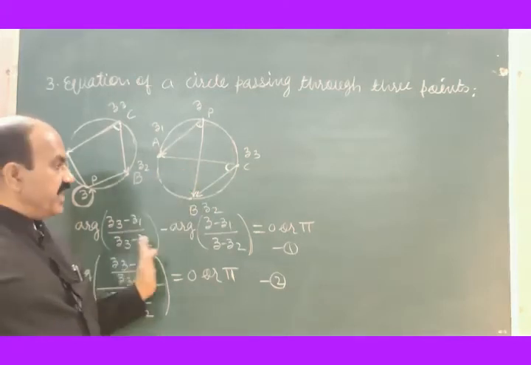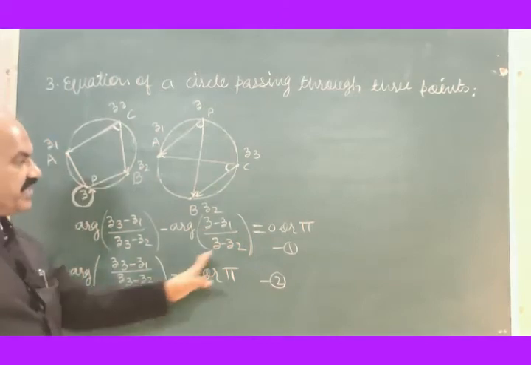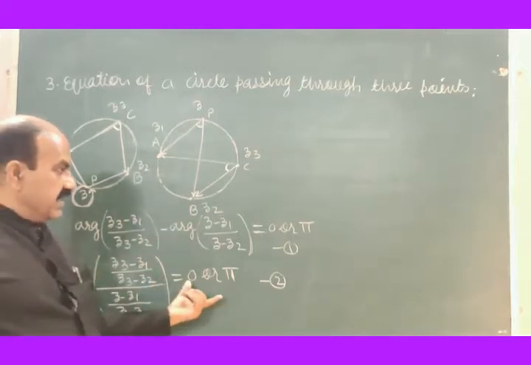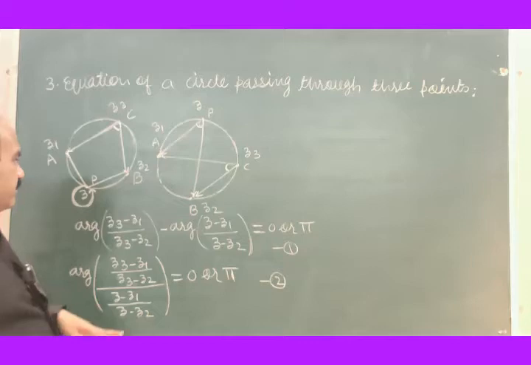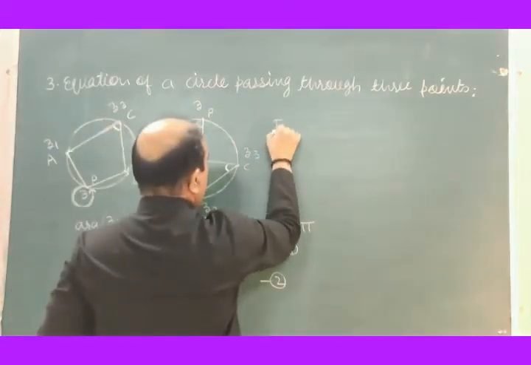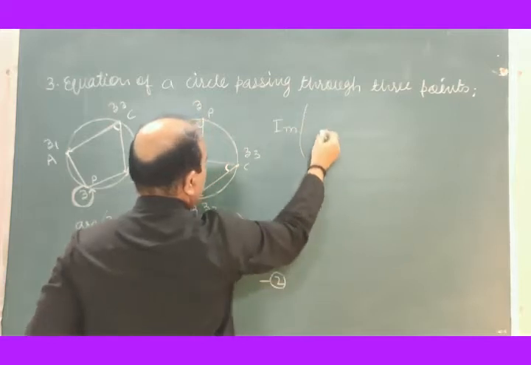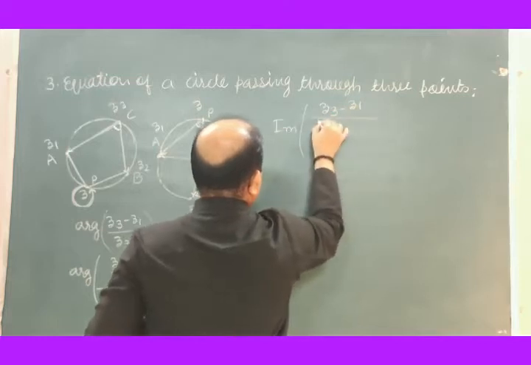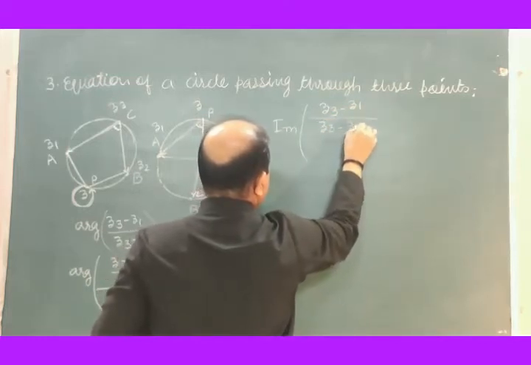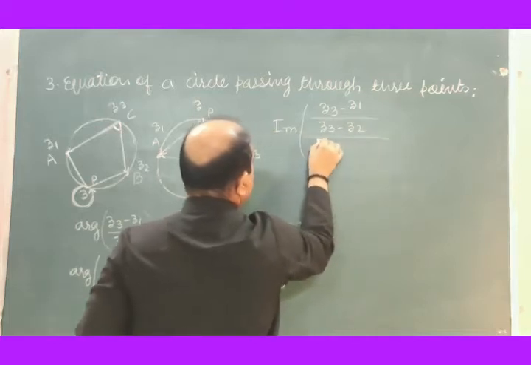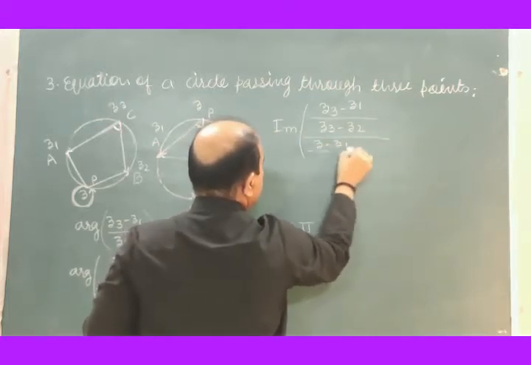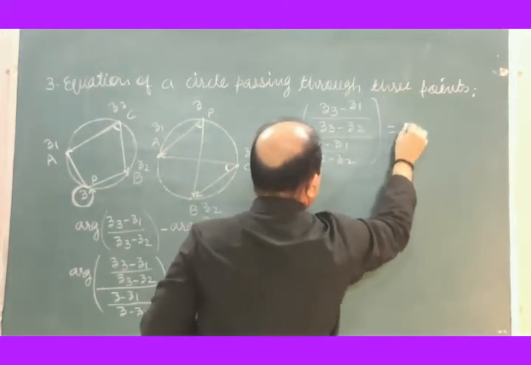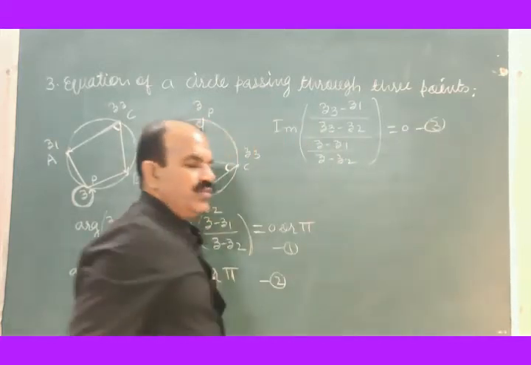And therefore, equation 1 is true, equation 2 is also true for this figure as well as for this figure. For this figure it is true when it is 0. For this figure it is true when this is pi. As this angle or this angle is either 0 or pi, imaginary part of (Z3 minus Z1) divided by (Z3 minus Z2) whole divided by (Z minus Z1) divided by (Z minus Z2) will be equal to 0.